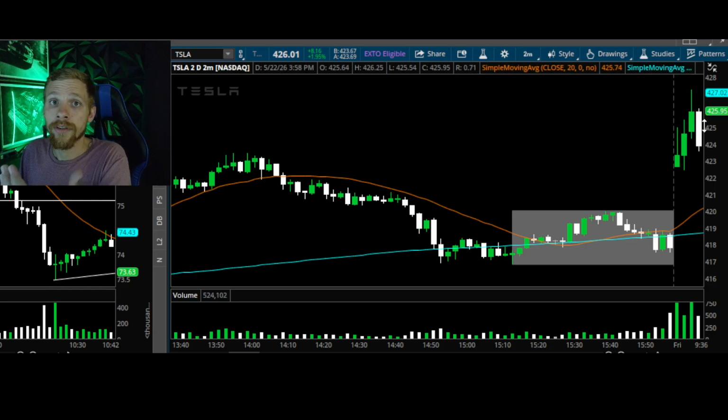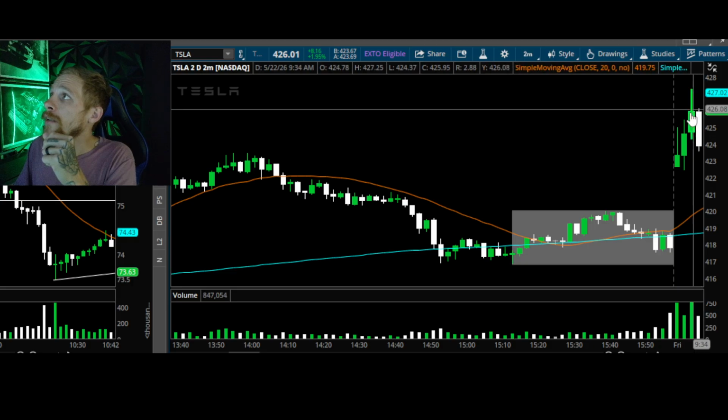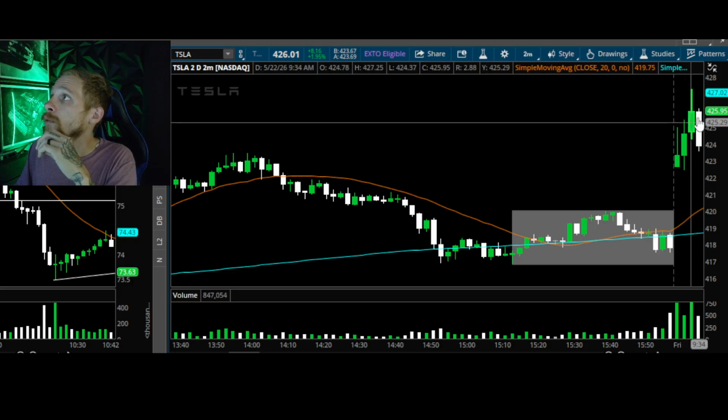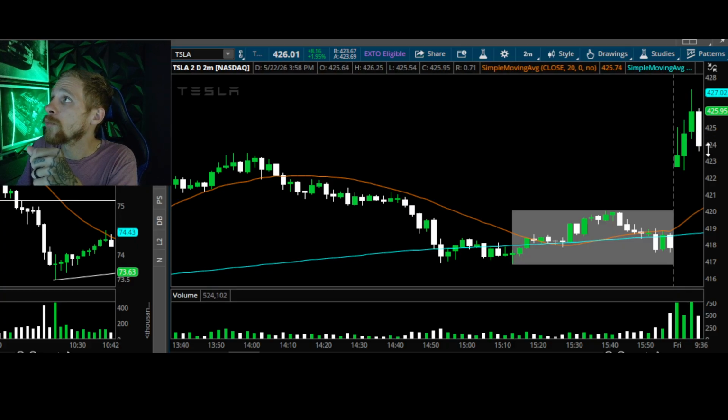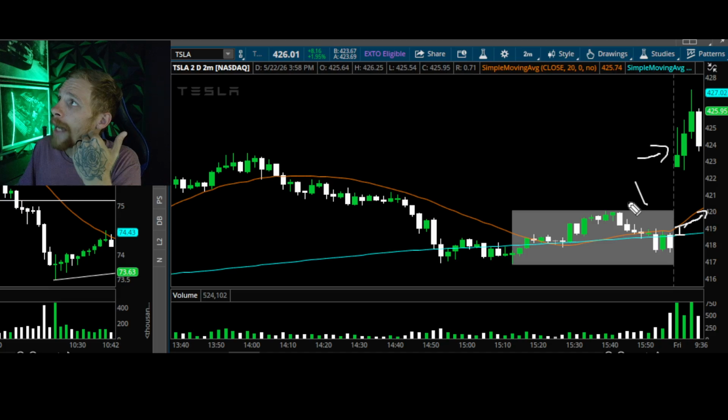Price engulfs that previous green candle with a little bit of rejection. At this point, we're still trending upward on the 20 away from this narrow state, and we're still above this Fab 4. Our bias is still long on this.